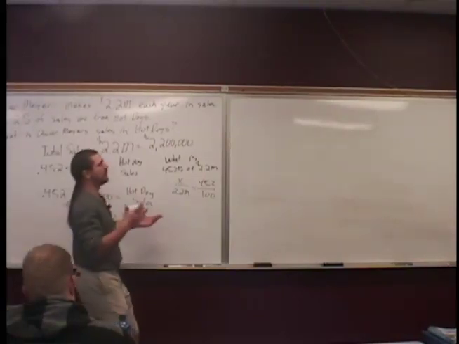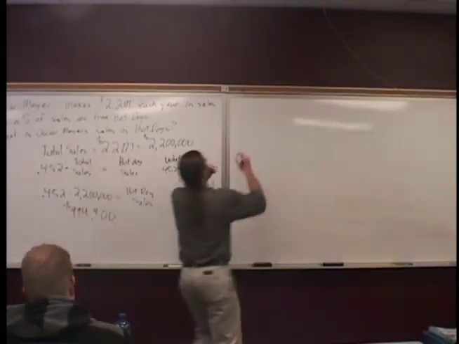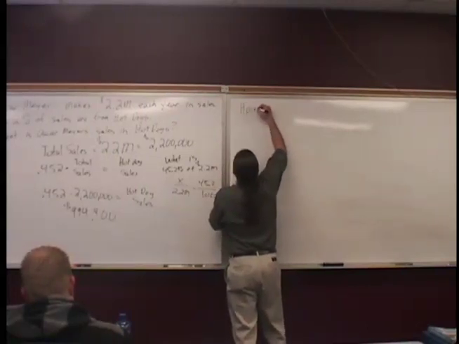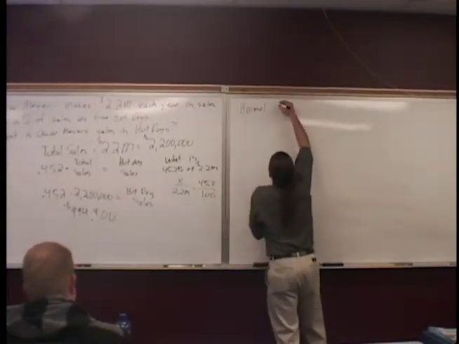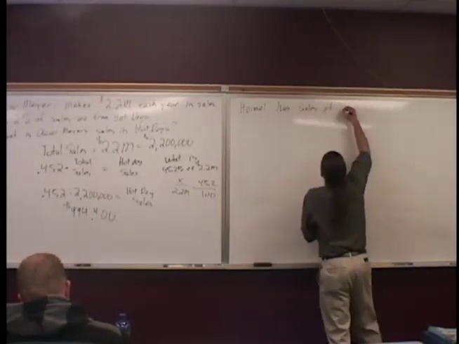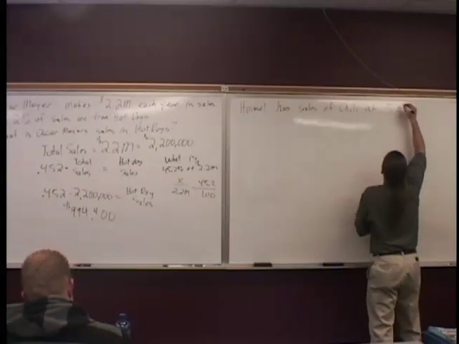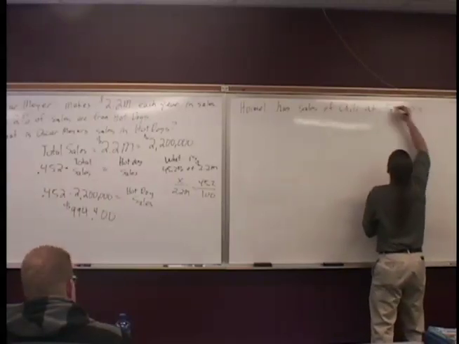All right, so who's the other one? Oscar Mayer and what's the one that's in Beloit? That's Hormel? Okay, so Hormel has sales of chili at $550,000 each year.